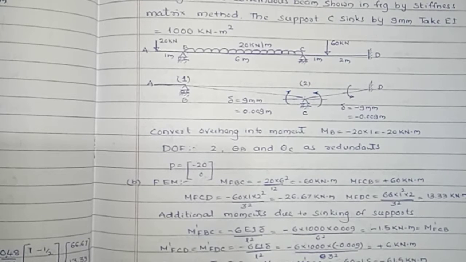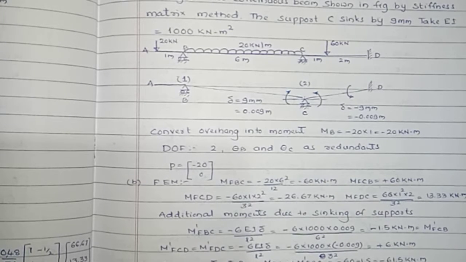meters, that is positive. Then by observing span C to D, here the relative rotation with respect to the horizontal is anti-clockwise.